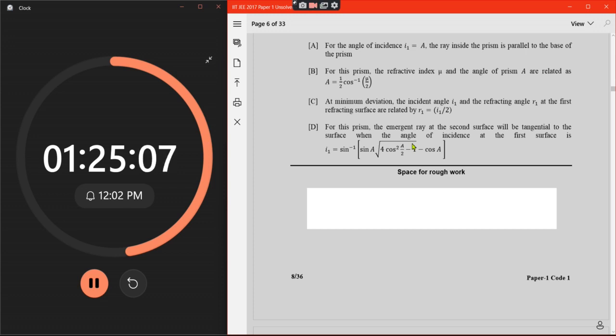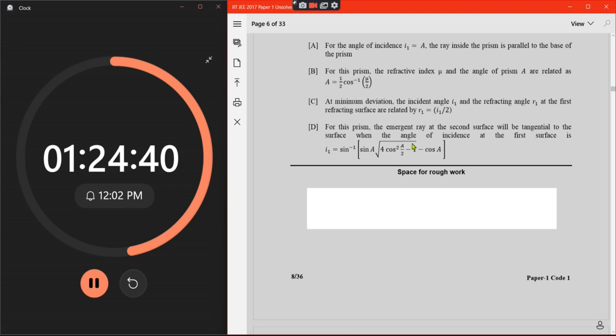That's the angle of incidence, which is theta minus A, it seems. It's getting complicated actually. No, that's not the angle of incidence, that's the angle of refraction, sorry.